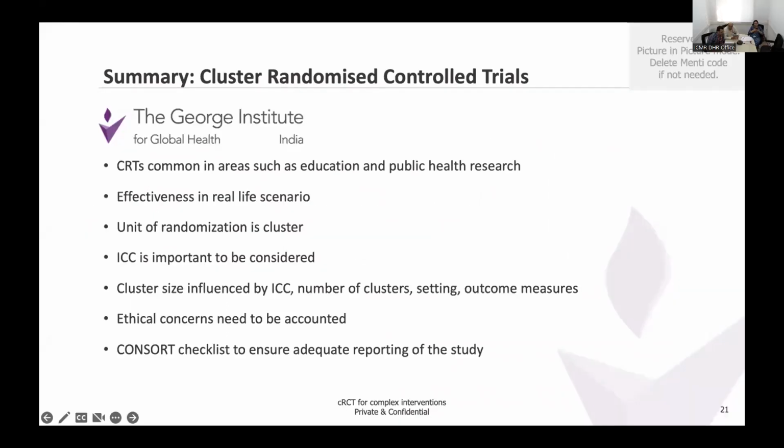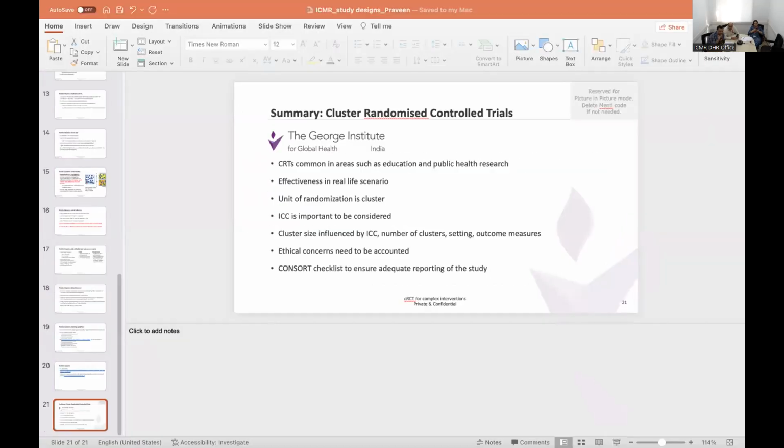In a very concise way, you have presented the main principles of cluster randomized trials in a very simple manner, and thank you for that. What we have done is we have asked participants to pose their questions in the chat box. We will try to address these as we move on or at the end of the seminar.